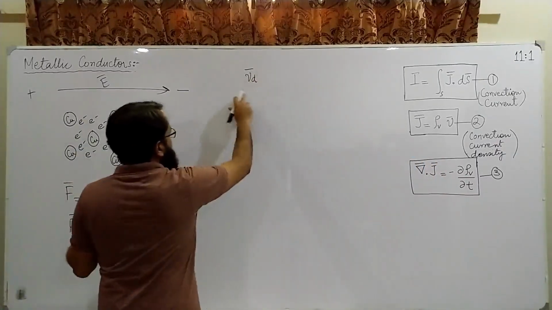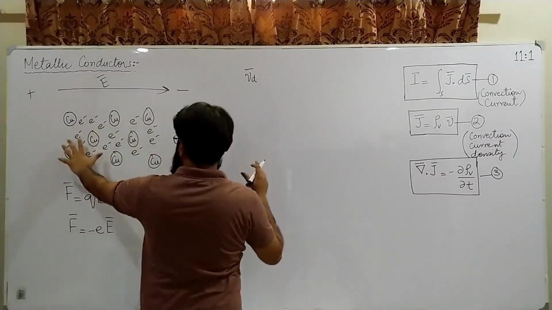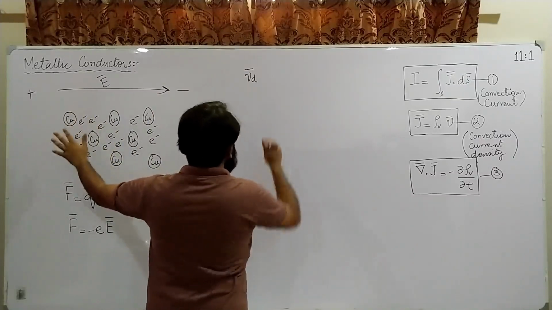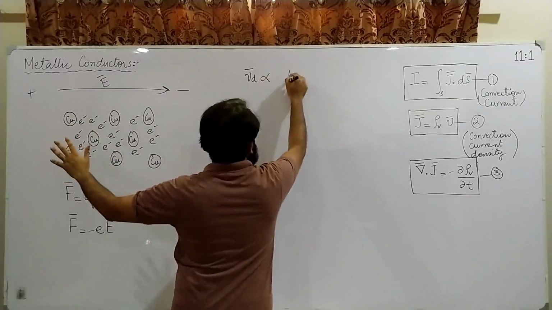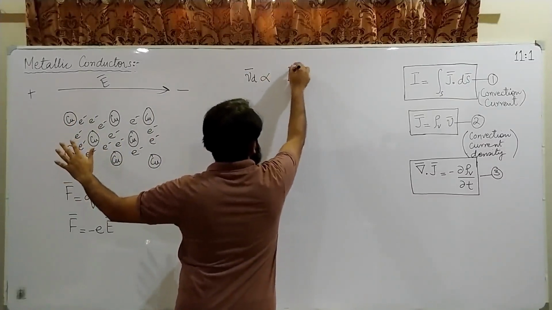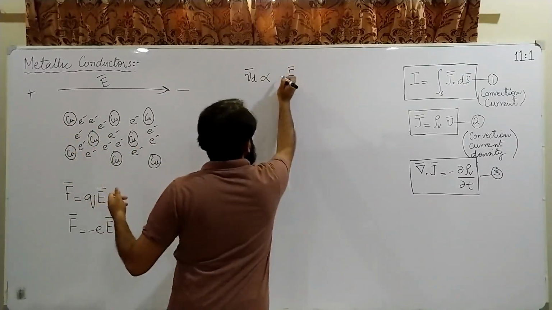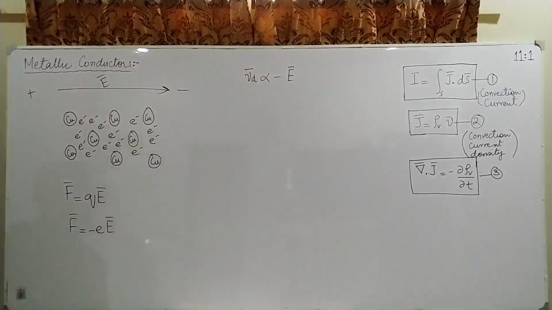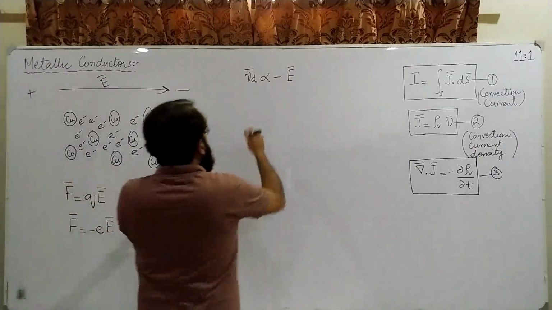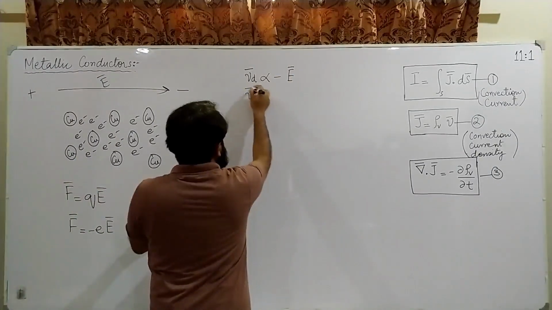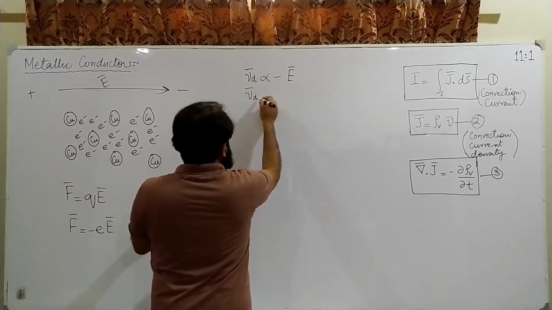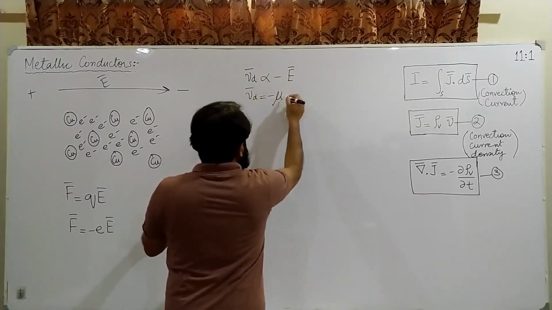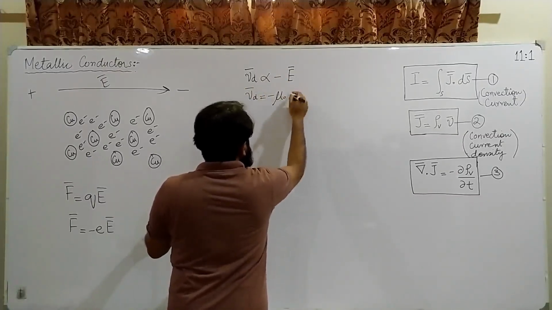So that's why we call the velocity which will be attained by electrons after some time drift velocity, which will be directly proportional to, obviously, the magnitude of the electric field, and not only that, the direction of drift will be opposite to that of electric field intensity. So now, if we want to remove this proportionality sign, we'll have to introduce a constant, which is mu.